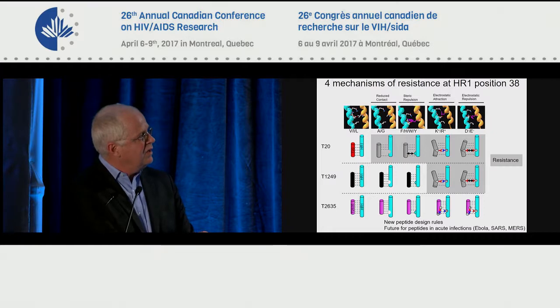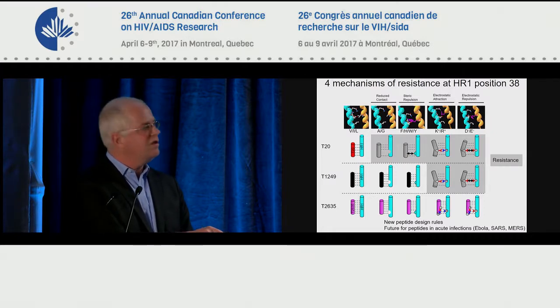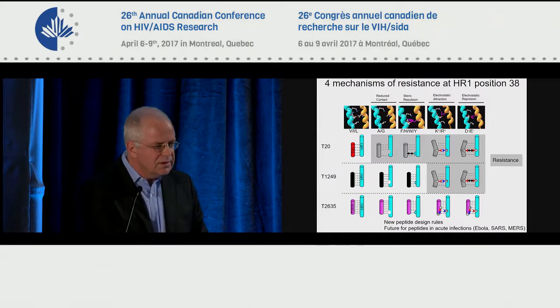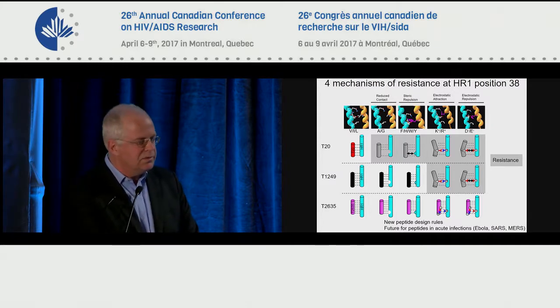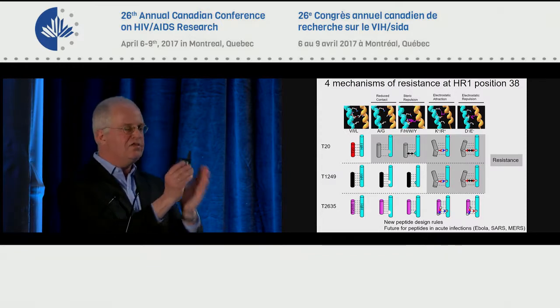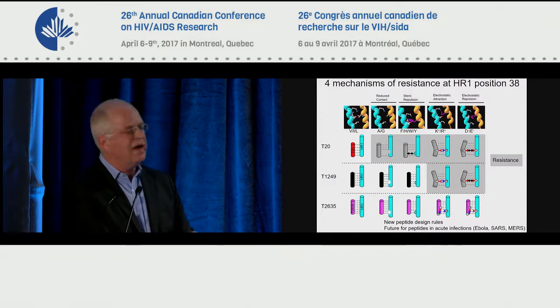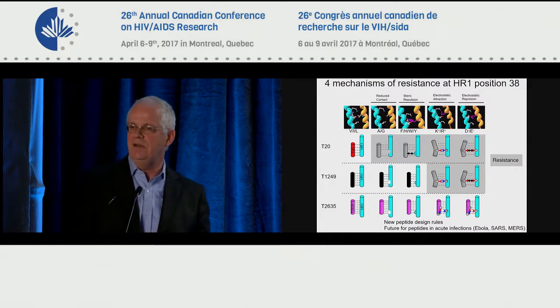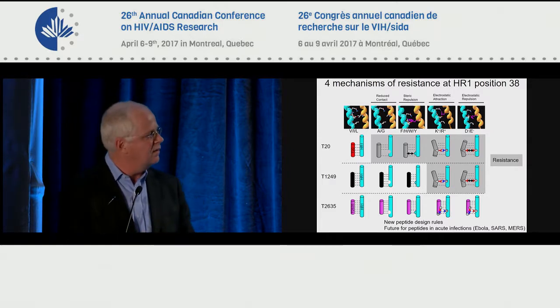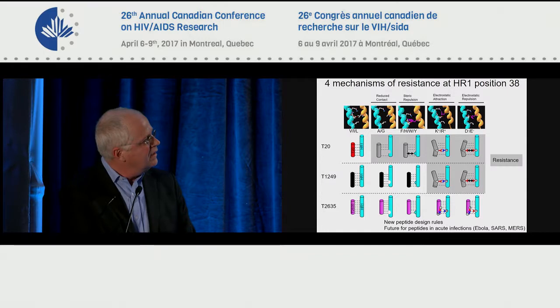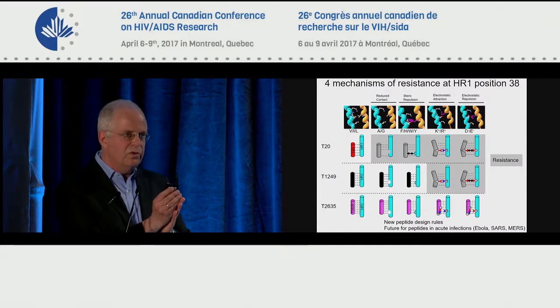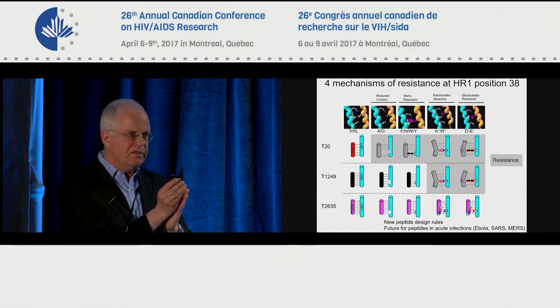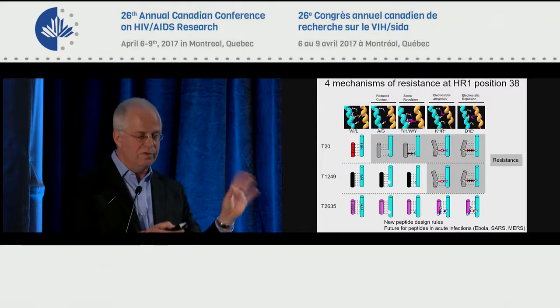So these are the mutations that either introduce a smaller amino acid, so you create, let's see, is it visible? Yeah, you create a hole here that disturbs the helix-helix contact, or you introduce a bulkier amino acid, for instance, an aromatic residue. And then you interfere with optimal helix-helix contact, and that's the mechanism of resistance.